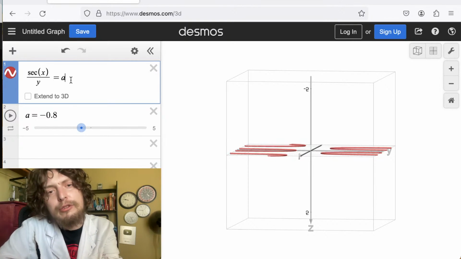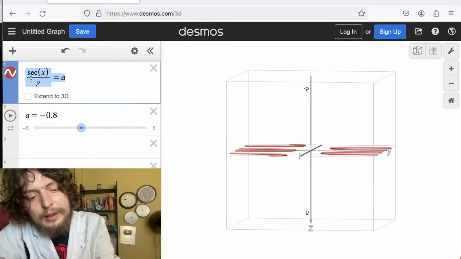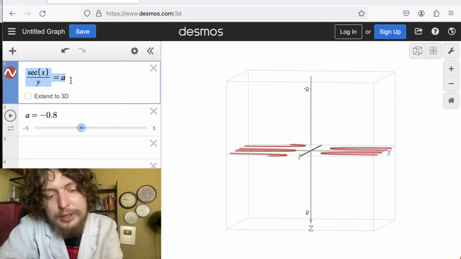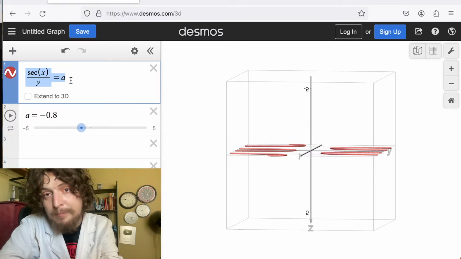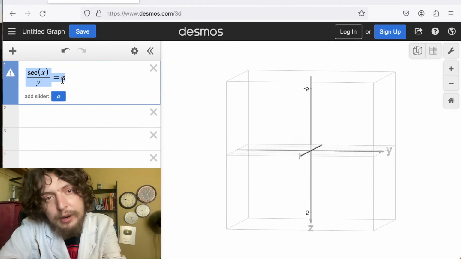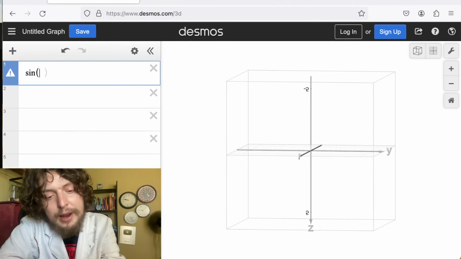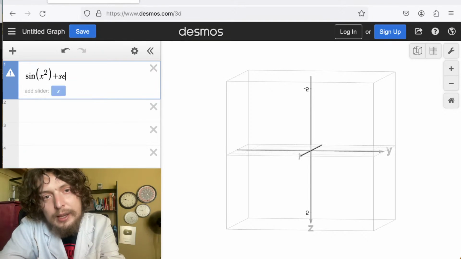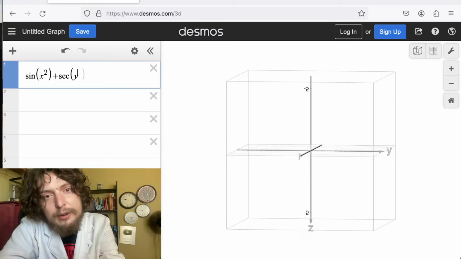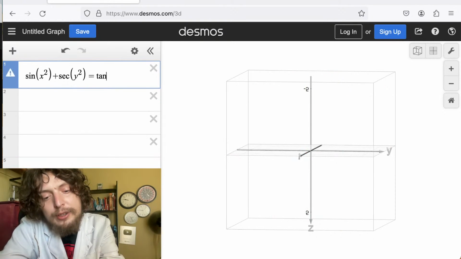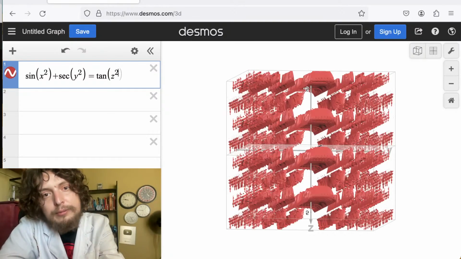Now, what we'll try before we wrap up is putting some more where the Z is on the opposite side of the X and the Y, and we don't have an A. So we're going to try, for example, if I have sine of x squared plus secant of y squared equals tangent of z squared.